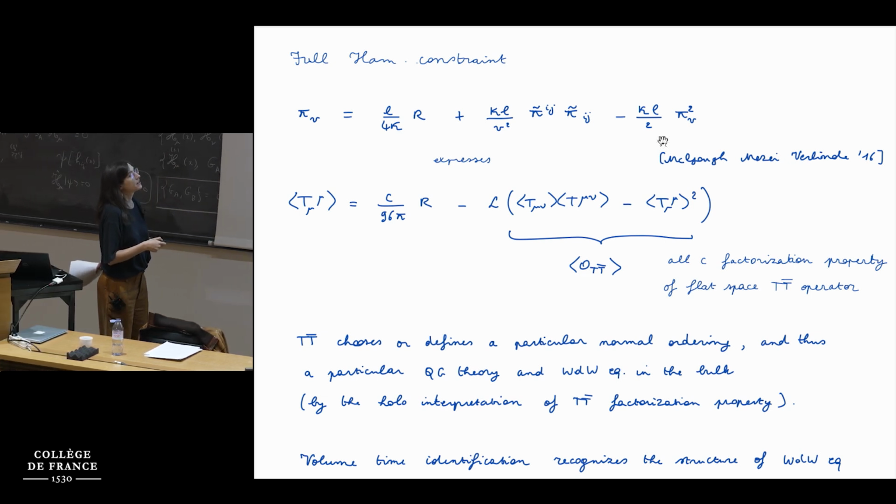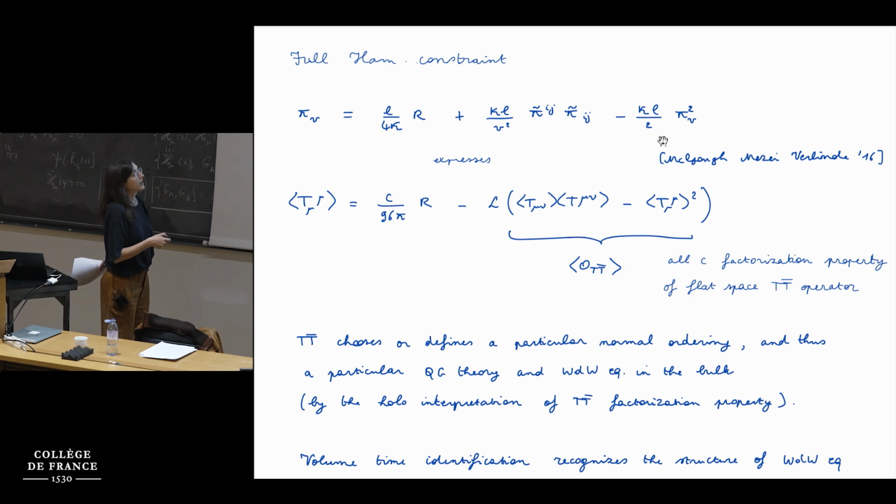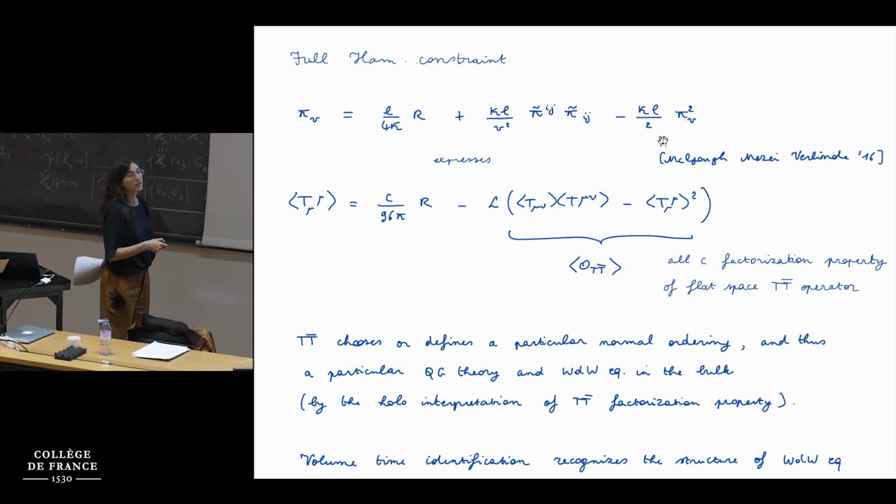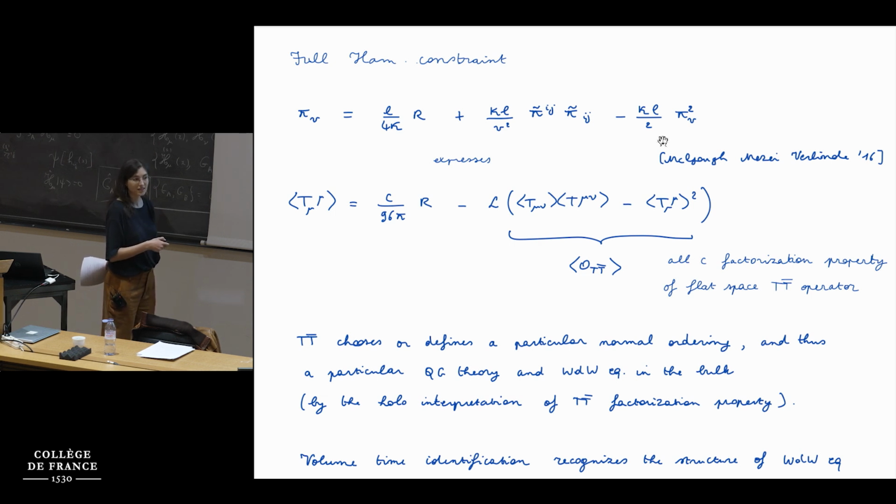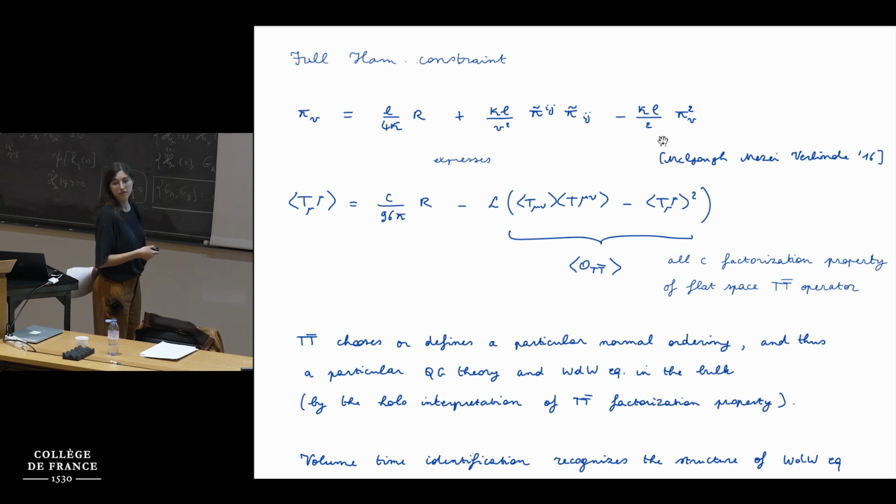And it's a known fact that the expectation value of this operator factorizes the way it's written here. In particular, that factorization property holds actually for all values of the central charge in the case of the flat space TTbar operator. So what this means is that there is actually a beyond large C interpretation of this dual interpretation, which would be that TTbar chooses or defines a particular normal ordering, and thus a particular quantum gravity theory and Wheeler-DeWitt equation in the bulk.